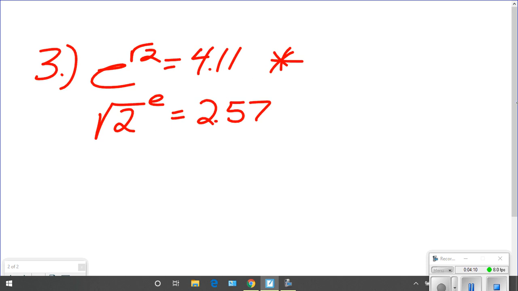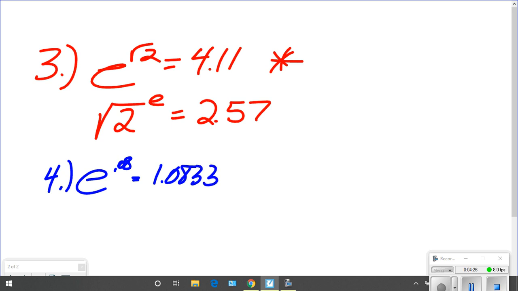All right, number 4, using blue ink. Evaluate e to the 0.08. If you put that one in your calculator, you should have gotten 1.0833. Then for part B, what's e to the negative 0.08?